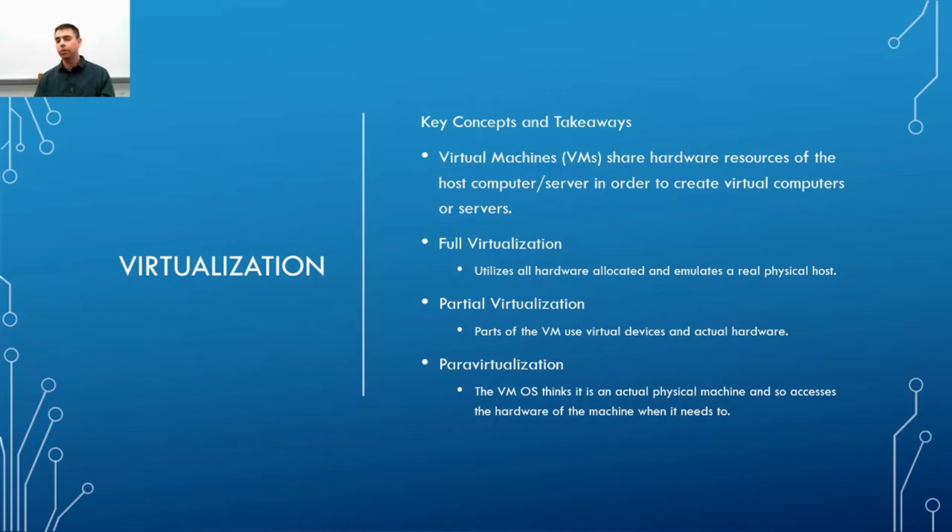Then you have para-virtualization, whereas the VM's operating system thinks it's the actual operating system on that device, and so accesses the hardware of the machine when it needs to, just like Windows does. There's nothing allocated to it.